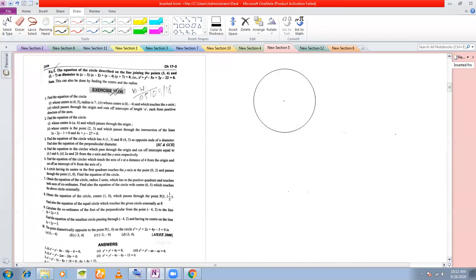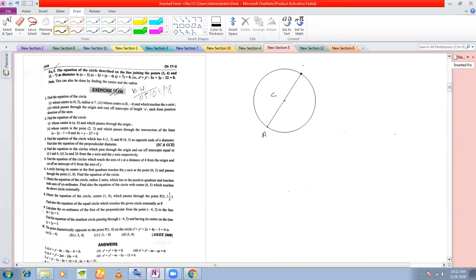If you have a circle, you have a center, say C, and if you have one point here, say A, and if you have a diameter, there are two end points of the diameter. Then if one is given, the other will be called diametrically opposite.